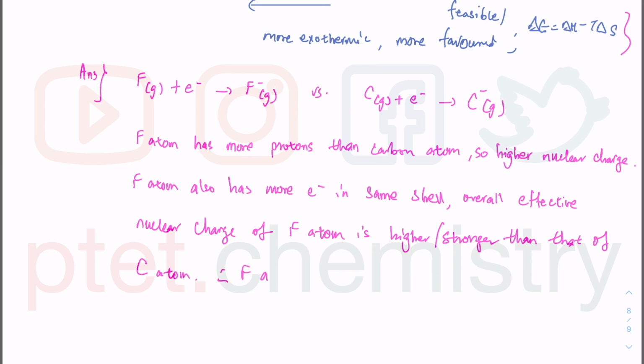Therefore, fluorine atom likes to gain 1 electron more than carbon. Essentially, we are saying that it prefers this more than carbon because it's more exothermic, and as a result of the higher effective nuclear charge due to more protons and more electrons, but they are in the same shell, so shielding is roughly constant, and therefore high effective nuclear charge.